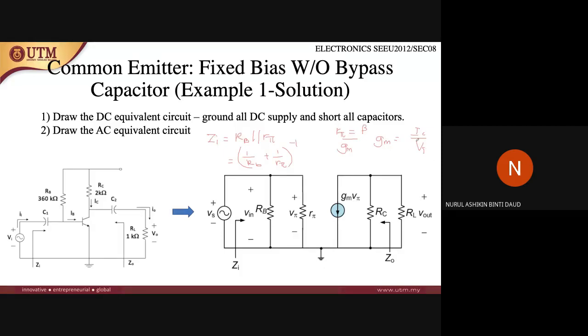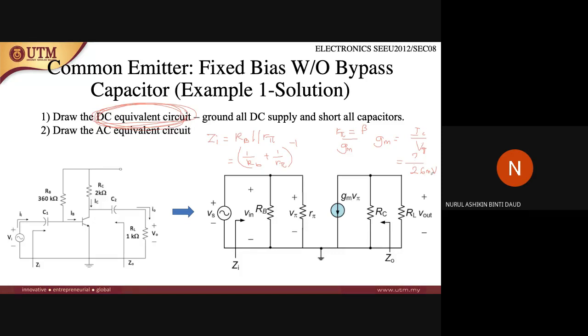I skip this part. When you draw the DC equivalent circuit first, find the value of IC, and then with the value of IC, divide by VT, which is 26 millivolts, you get gm.